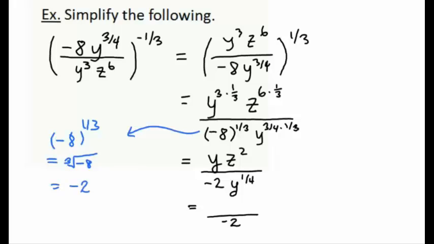So in blue, over on the side, I'm just going to show you what's going to happen. We're going to have y to the 1 minus 1 over 4. Now this is the same thing as 4 over 4 minus 1 over 4. So our new exponent that we're going to get for y is going to be 3 over 4. So here is our final simplified answer.